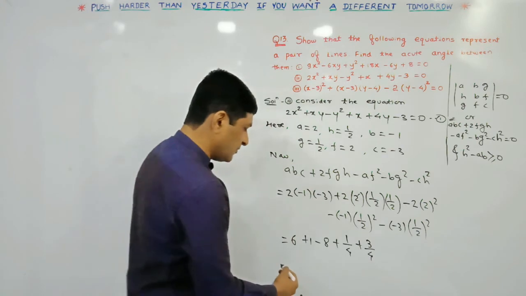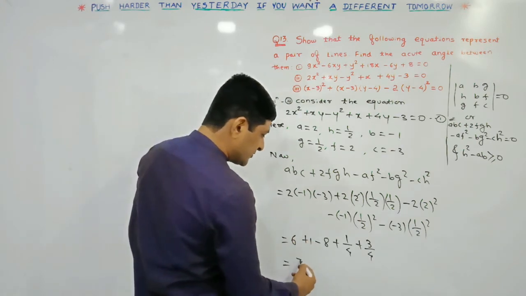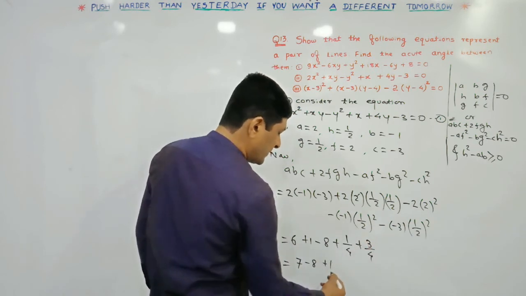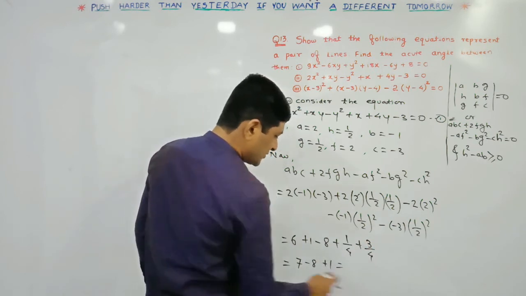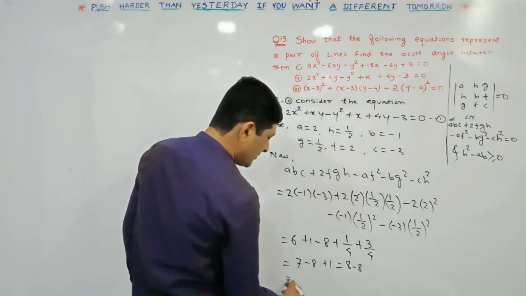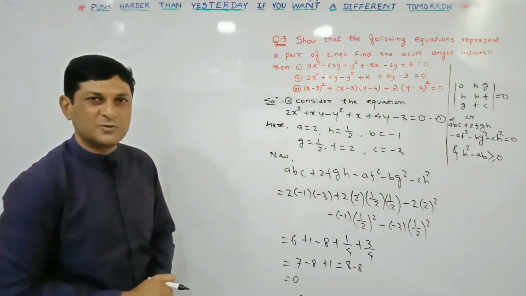So now 6 plus 1 will be equal to 7 minus 8, and the addition of these two terms will be equal to plus 1. So 7 plus 1 is 8, 8 minus 8 will be equal to 0. So we have shown that the value of this expression will be equal to 0.